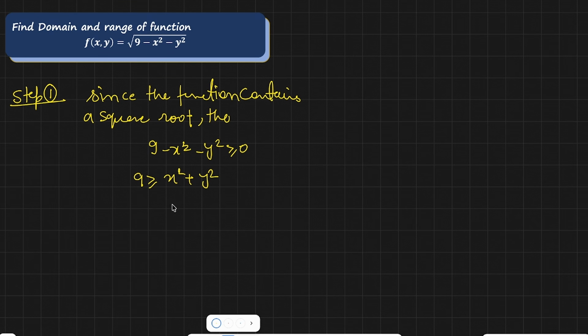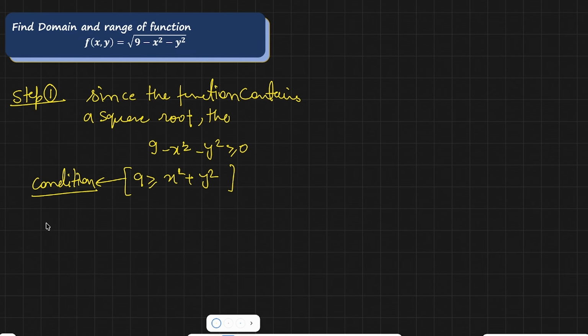Keep in your mind, this is the condition, or you can say the restriction, for your x comma y. If x square plus y square is less than or equal to 9, then only this function is defined. If any x and y does not satisfy this condition, you can't take that x comma y, or you can simply say that for that x comma y your function will not be defined.